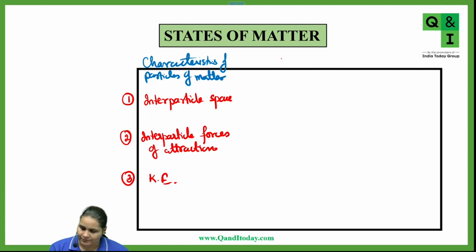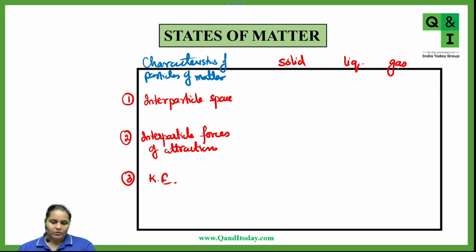Now here come three states of matter: solid, liquid, and gas. So what do you think, in which state is interparticle space maximum? Interparticle space is maximum in solid, liquid, or gas?